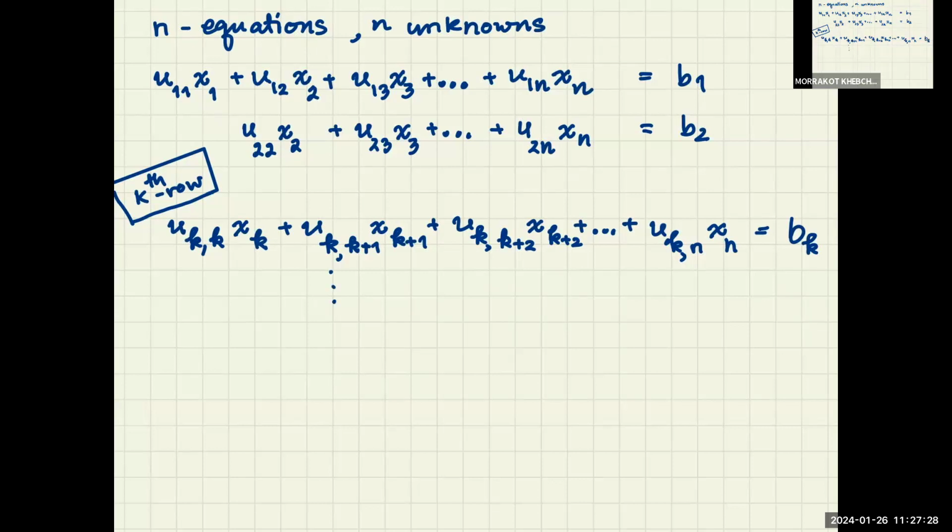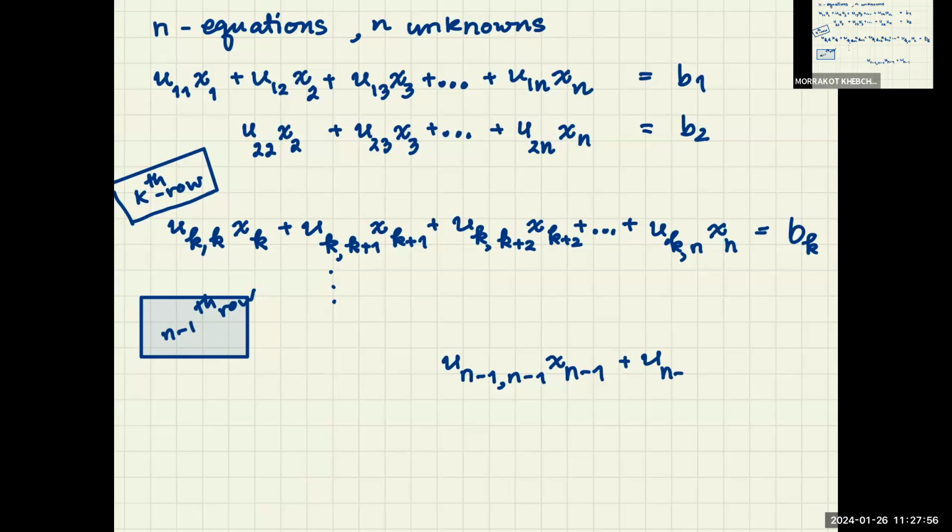So if you are at the n minus 1 row, you will have 2 unknowns. Okay. You have 0, 0, 0. You have u n-1,n-1 x n-1 plus u n-1,n x n equal to b n-1.